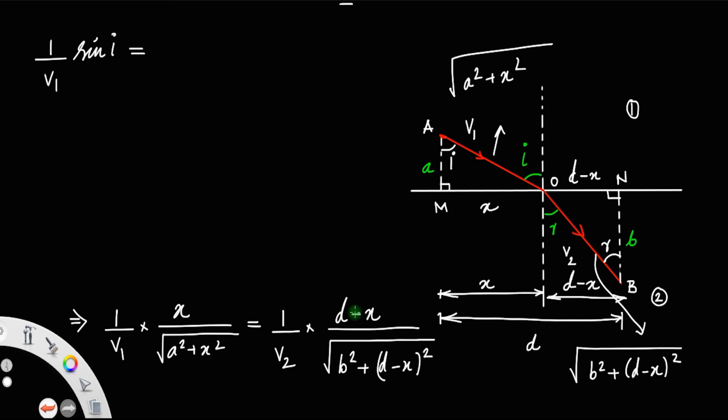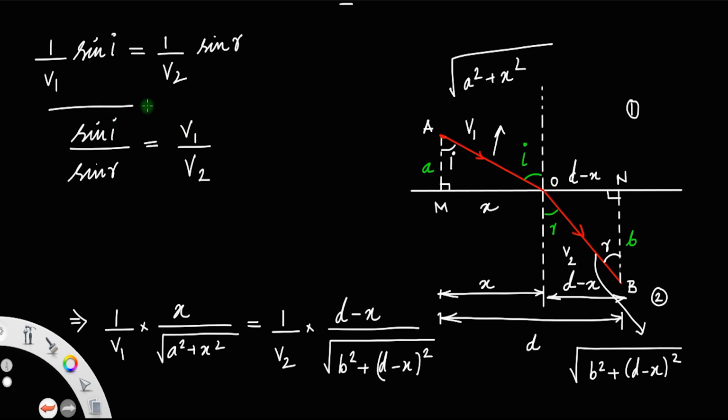So d minus x divided by root of b square plus d minus x whole square will be sine of angle R. So 1 by V2 sine R. Rearranging, we get sine I by sine R is equal to V1 by V2.